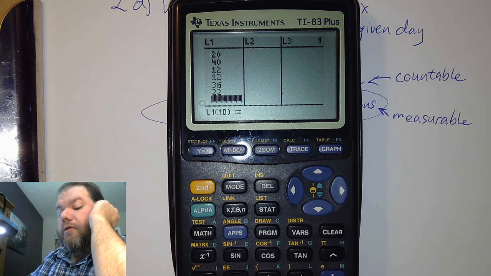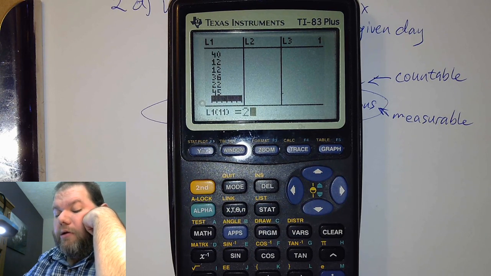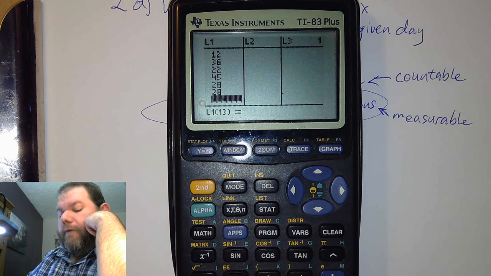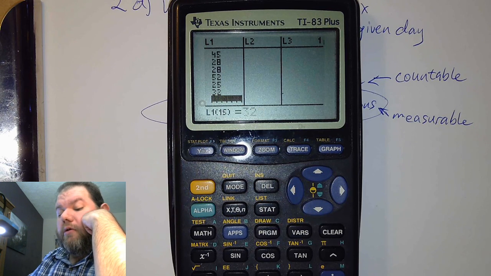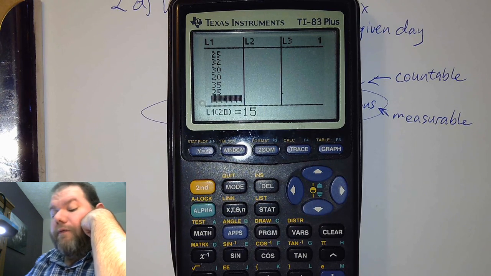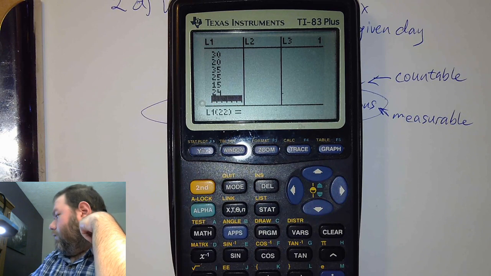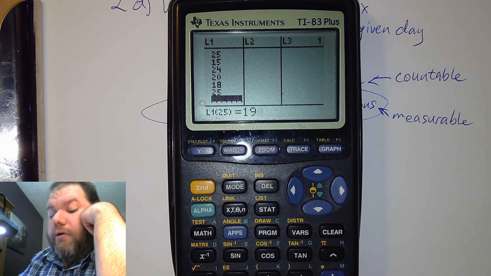Okay. 45, 28, 28, 52, 25, 32, 30, 20, 35, 25, 15, 24, 20, 18, 25, and 19. Okay, that should be all of our data.